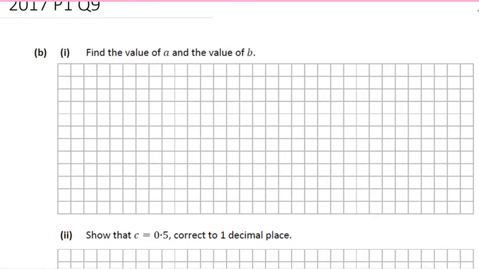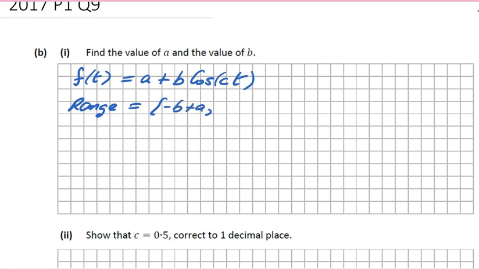So again, in b part I, find the function itself is f(t) is equal to a plus b cos ct. And the range, as we've just seen, for this function is -b plus a, b plus a.